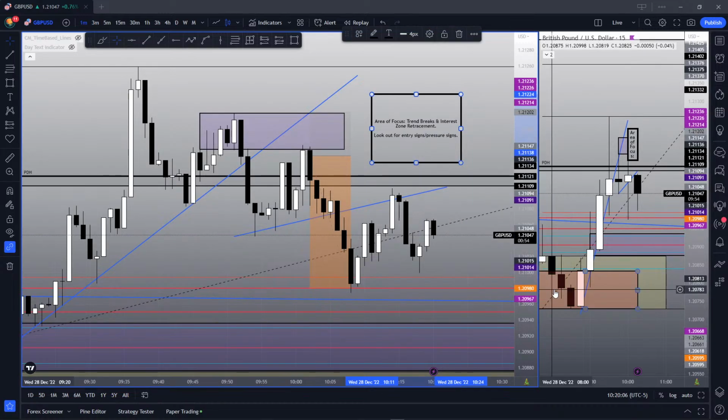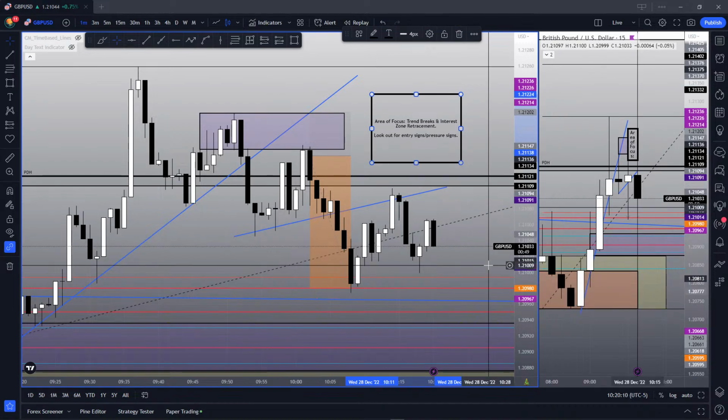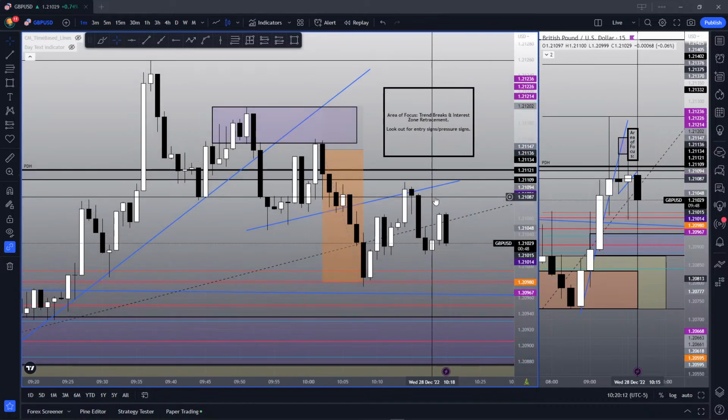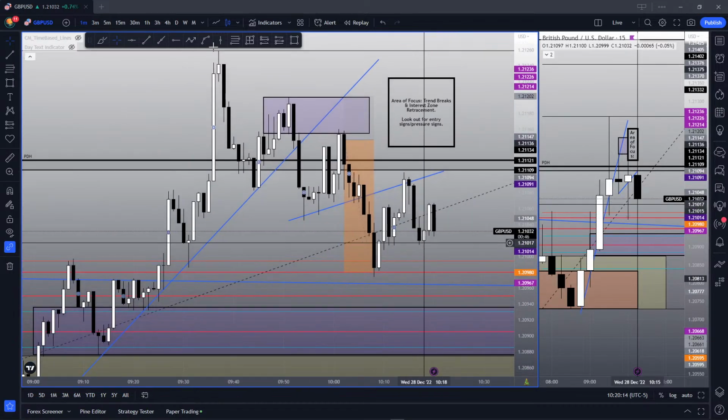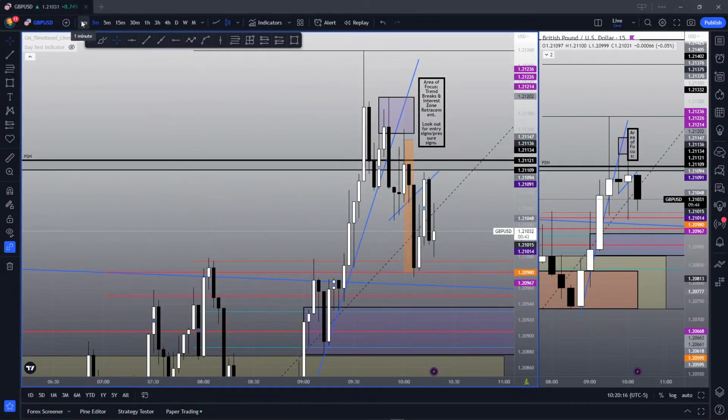Cool. Right, so you see how it bounced off and it's maintaining this low. That's why I don't want to enter in the trade just yet because it may as well just be another setup.